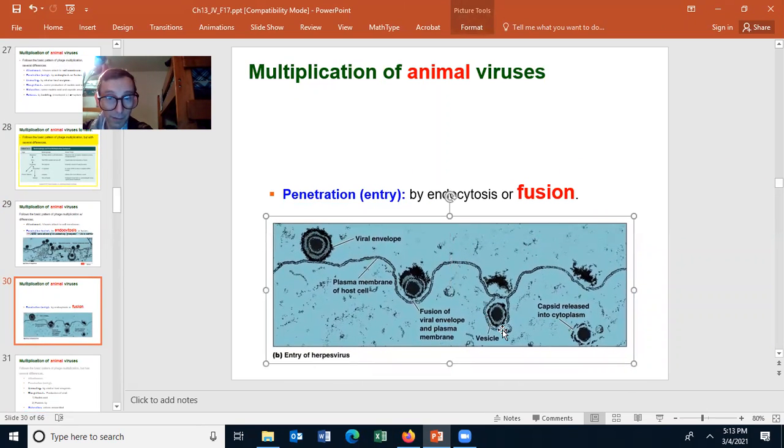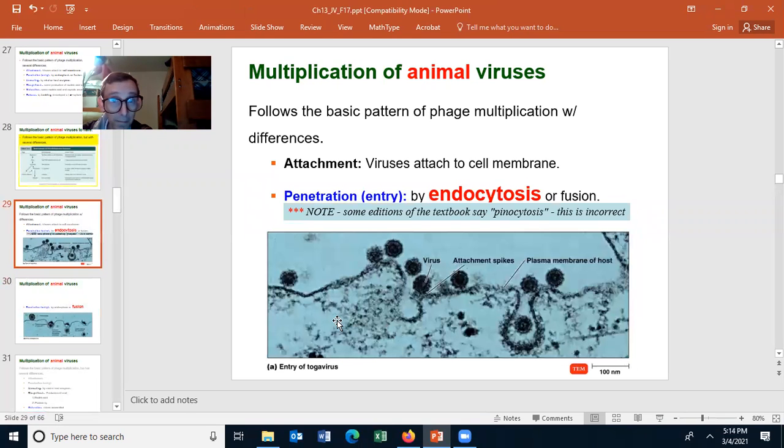The membrane will form around the vesicle, which will then move into the cell, and the membrane will reform up here too. And there you can see it. This is an actual electron microscopic image of that happening, although it's actually more than one virus. And the same with this here.